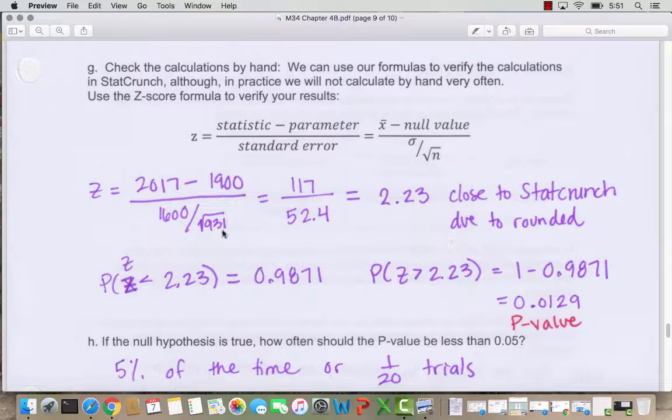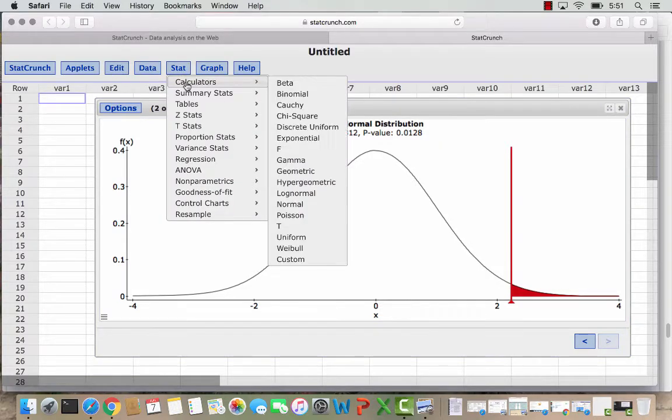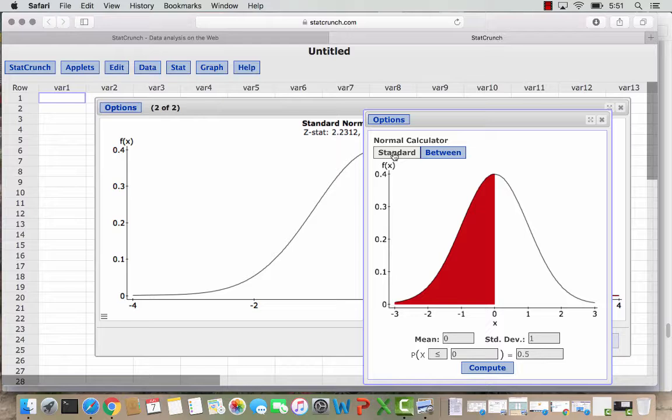Then we want to figure out, well, what's the probability that z is less than 2.23? So you could go to the normal calculator or your chart back on page 129 and get that the value less than 2.23 is 0.9871. Let me show you in the normal calculator how we could do that. So you can go to Stat, Calculators, Normal Calculator, and figure out the probability less than 2.23 standard deviations.